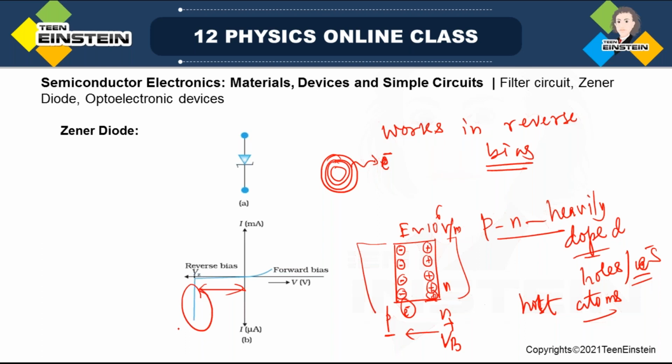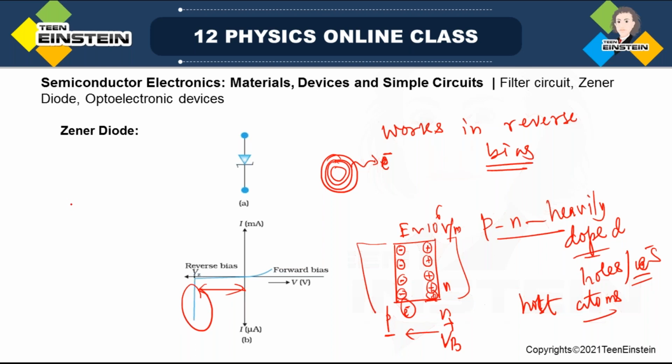Even if you increase the voltage by a very small amount, or maybe the voltage does not change at all, the current may vary by a large amount. So this is about the Zener diode and how the Zener current increases so much because of ionization or rupture.